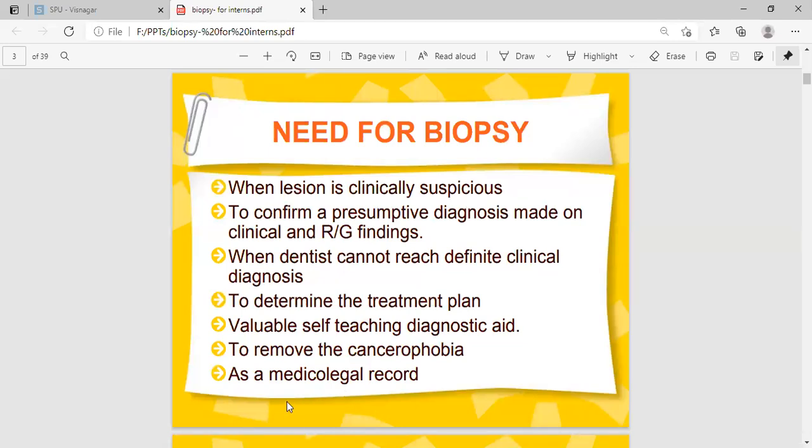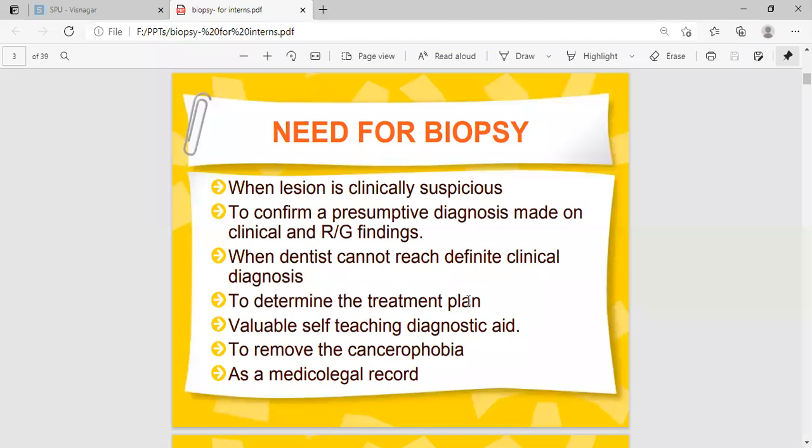Usually cases are diagnosed on clinical and radiological grounds, so we need to confirm it before planning the surgical approach, or when the dentist cannot reach a definitive clinical diagnosis, to determine the treatment plan. So what type of treatment? Because the treatment plan depends on the histological report.